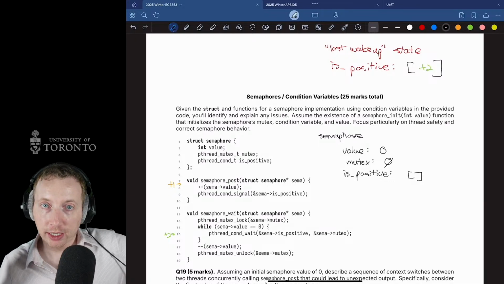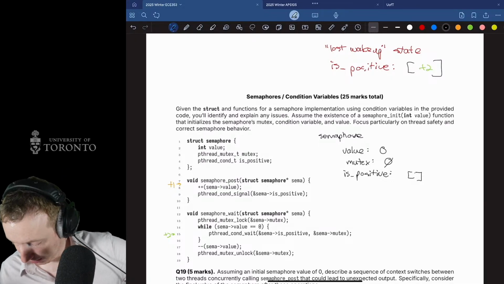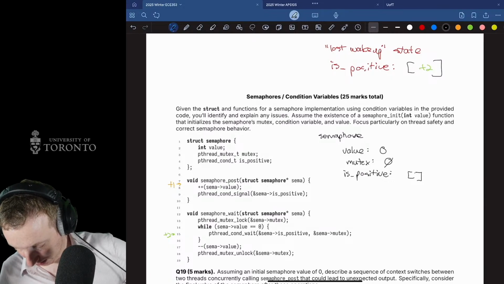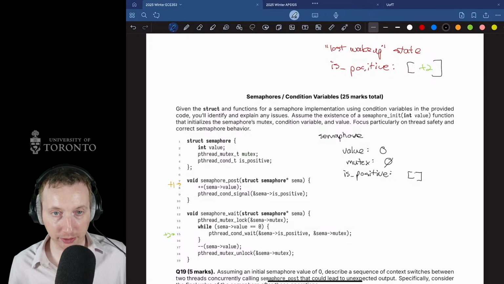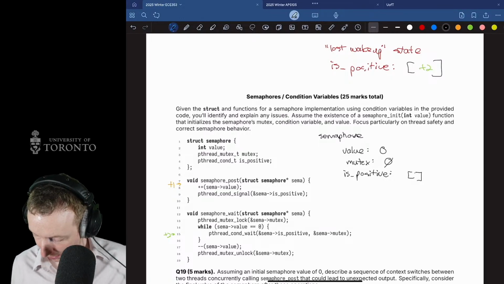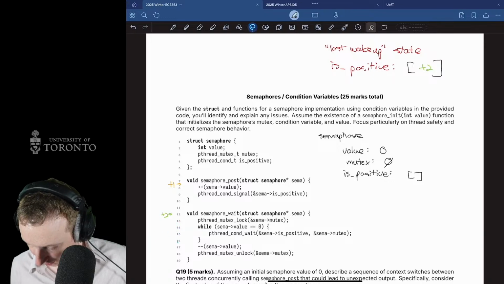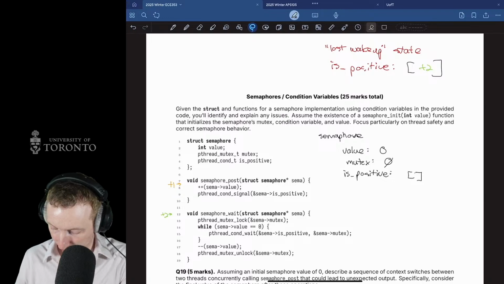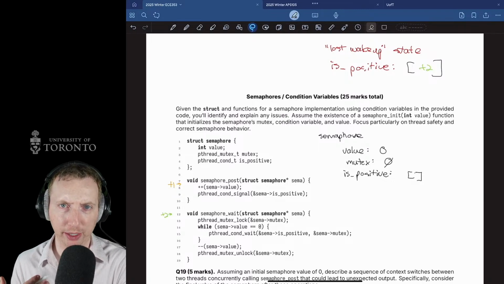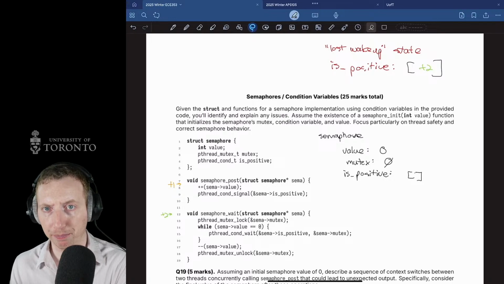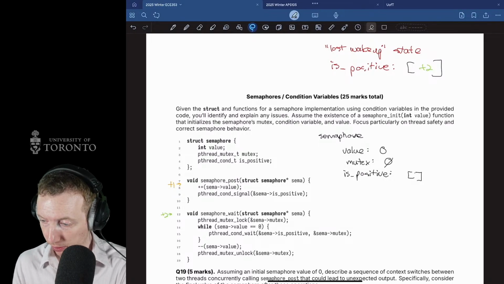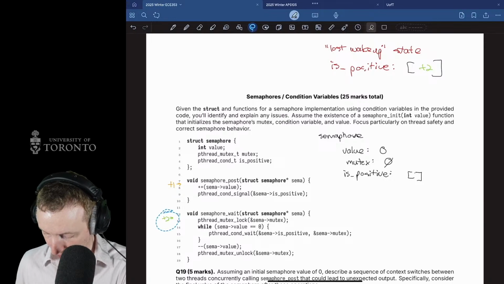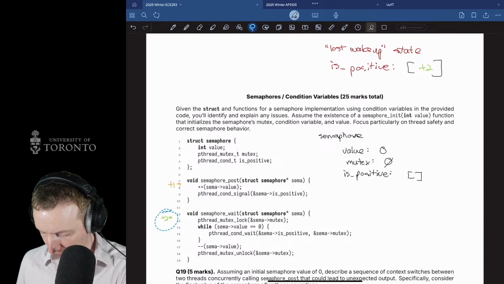So in that case, the first thing I have to do is put thread 2 in the queue, and the only way it'll do that is by calling wait. It will only put itself in the queue if the current value is 0. If thread 1 runs first, it's going to increment that value from 0 to 1, and it's going to screw up.